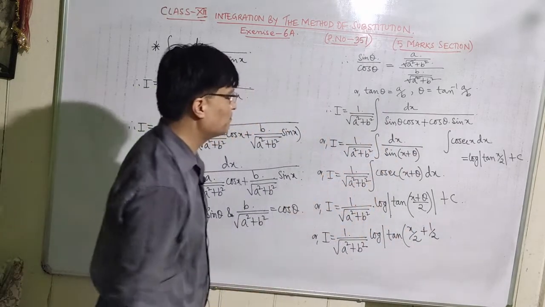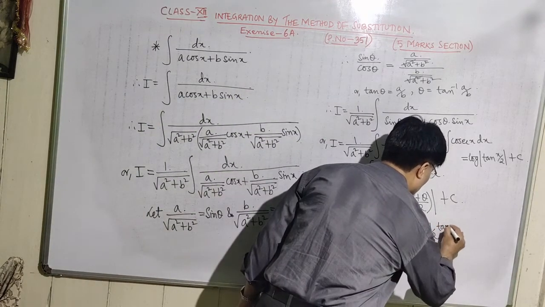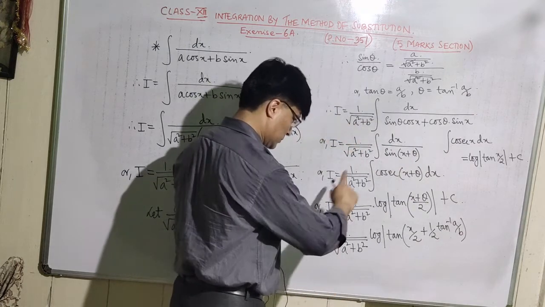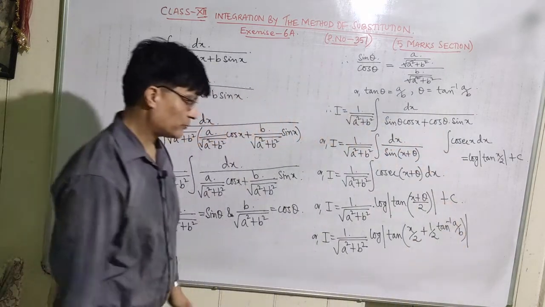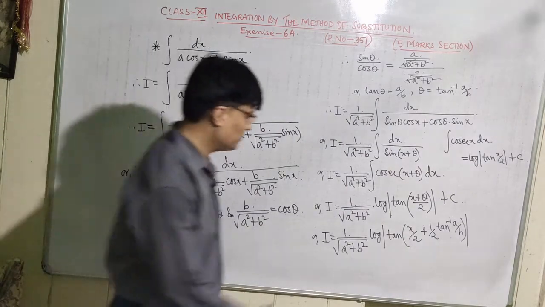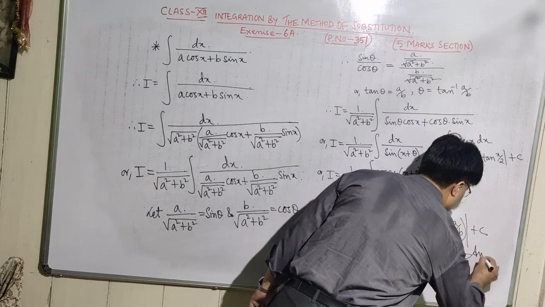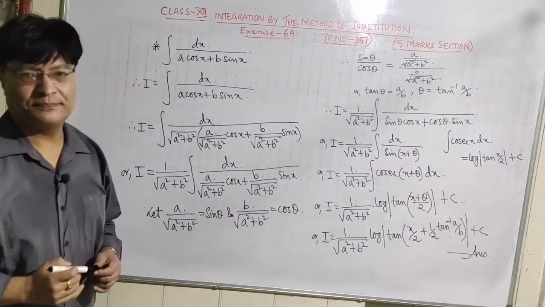What is the value for theta? Tan inverse a by b. So it is tan inverse a by b. First bracket closed, mod sign closed. Then what do we write? Plus c. So this is the final answer.